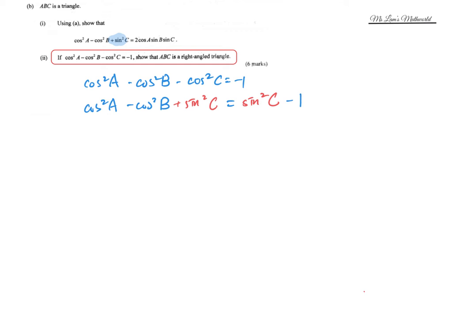And then originally, we have the -1. And also, this minus cosine square C, we have to handle also, right? So let's move it to the right. Cosine square C here. Okay, then we can substitute.